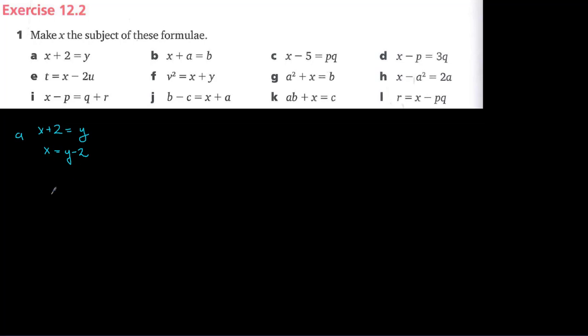Now x is the subject of the formula. And if we solve the next one, x plus a is equal to b, then x is equal to b minus a. So x is the subject of the formula here.